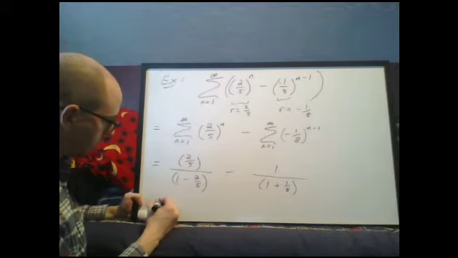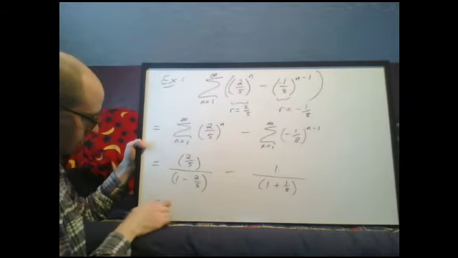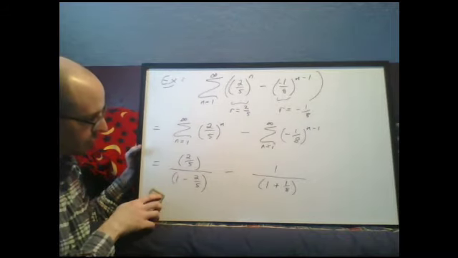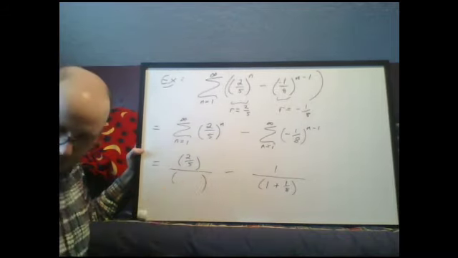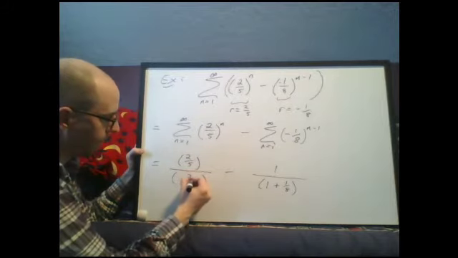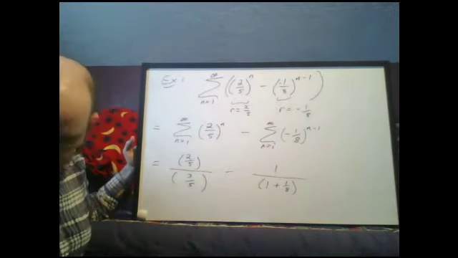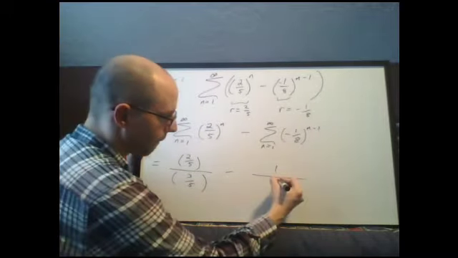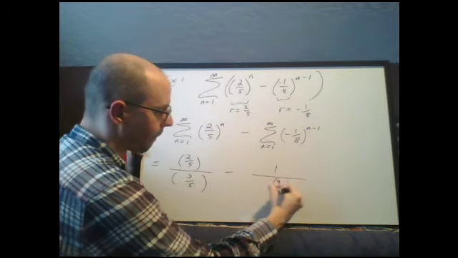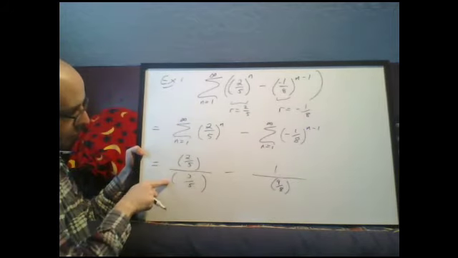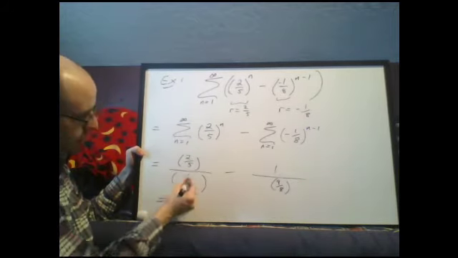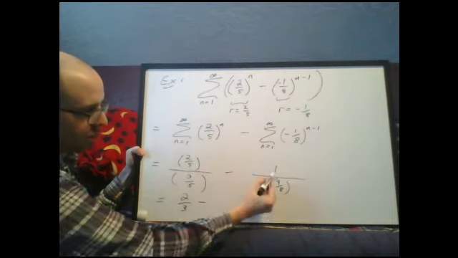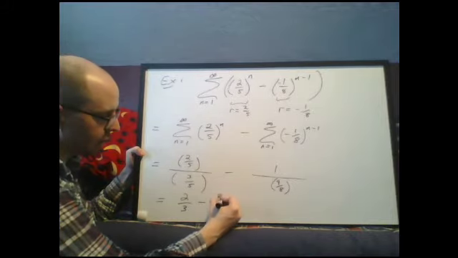All right, so let me simplify. 1 minus 2/5 is 3/5. 1 plus 1/8 would be 9/8. So 2/5 divided by 3/5, the 5s cancel and give us 2/3. 1 over 9/8 is 8/9.